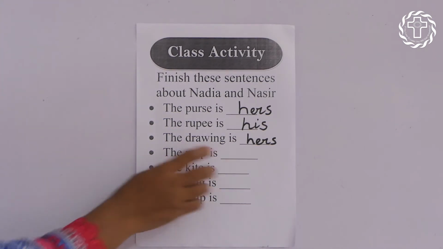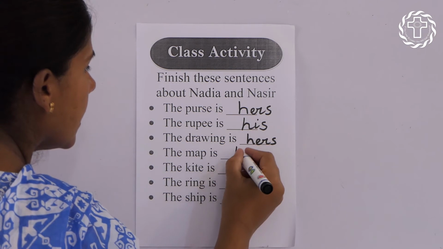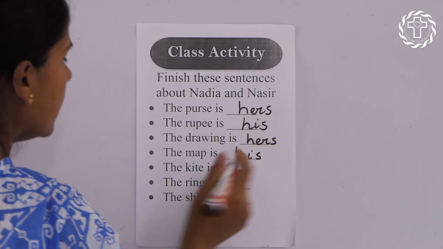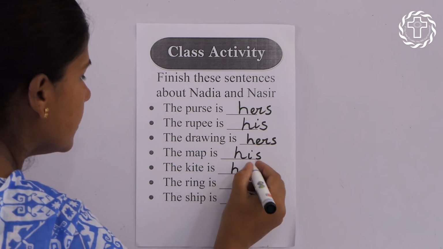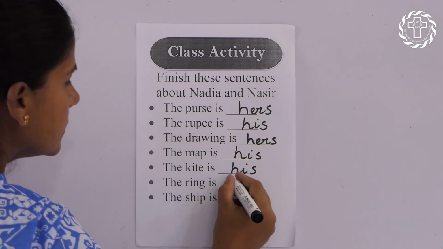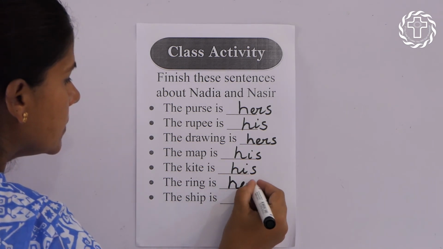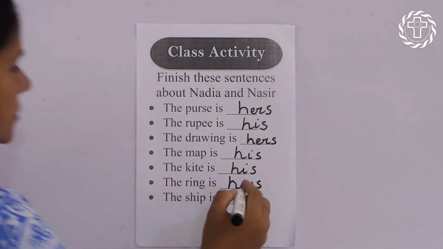The map is his. The kite is his. The ring is hers. The ship is his.